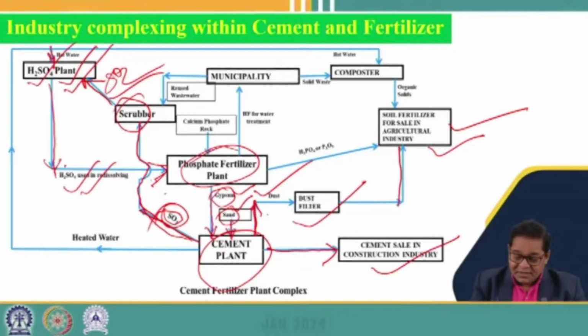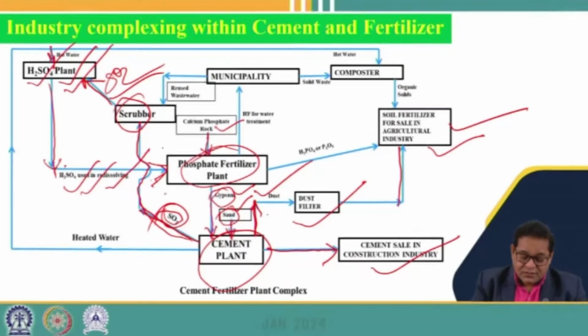Similarly, if we see the analysis of raw material and the products for the phosphate fertilizer industry, the basic raw material is calcium phosphate rock, and H2SO4 is also required for production of this fertilizer.